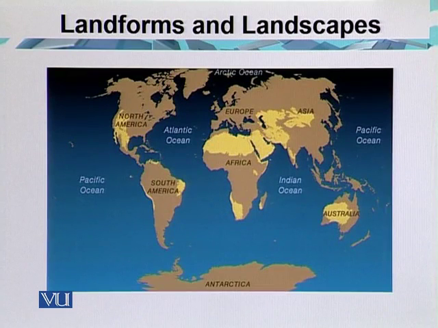This is the desert map of the world. Here we have the yellow color, which is actually the desert environment of the world, present over the surface of the earth, and most of the area is under the arid and semi-arid type of climate.